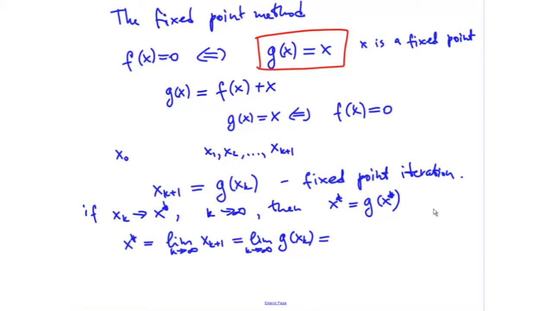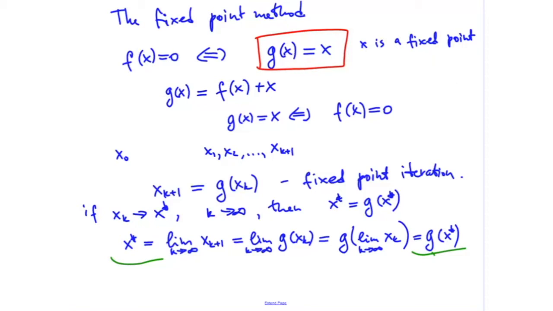Then by continuity of g, this is the same as g of the limit of xk when k tends to infinity. And the limit of xk is x star, so this is g of x star. This shows that x star is equal to g of x star, so x star is a fixed point. Whenever the method converges, it does converge to a fixed point, and a fixed point is what we need to find, because we converted our original root finding problem into a fixed point problem.